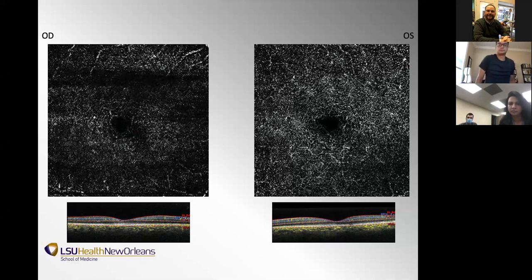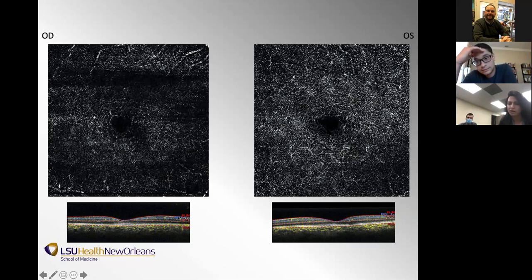Okay. All right. Good. So essentially, you don't have a comparison of a normal eye here, but overall, the density of the vasculature is reduced in both eyes, and what you see is kind of squiggly lines, squiggly vessels, around the foveal center or the foveal avascular zone.